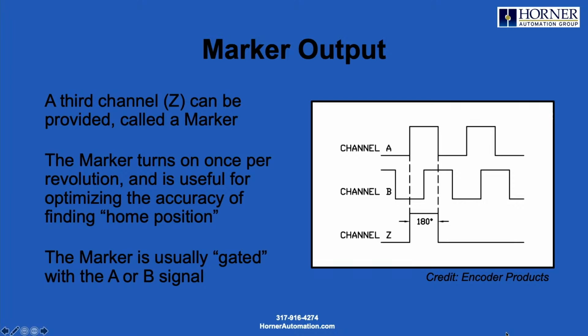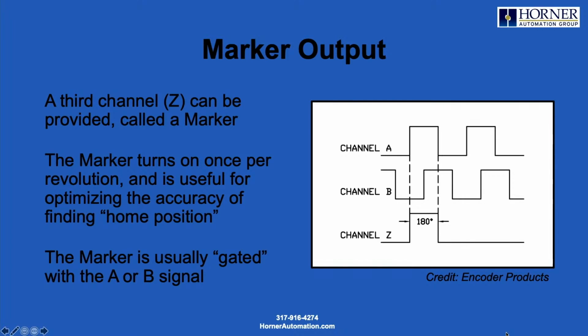In an application that is rotary in nature, let's say you've got 360 degrees of total travel, one revolution of the encoder represents a complete revolution of the machine. In that scenario, marker could be very useful, not only for resetting your count potentially, but also for helping you very accurately establish mechanical home.